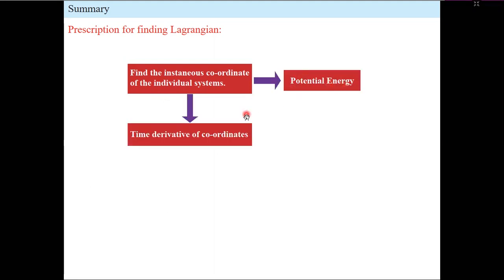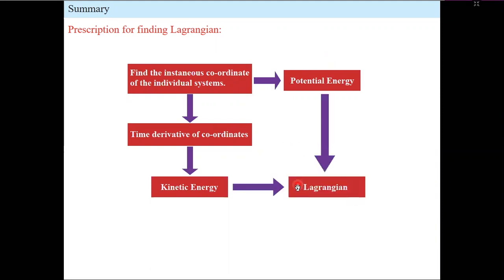Then the next step is to find the time derivative of these coordinates, which will give the kinetic energy. If I combine kinetic and potential energy together, that will give me the Lagrangian. This is a kind of algorithm or flowchart for finding the Lagrangian.